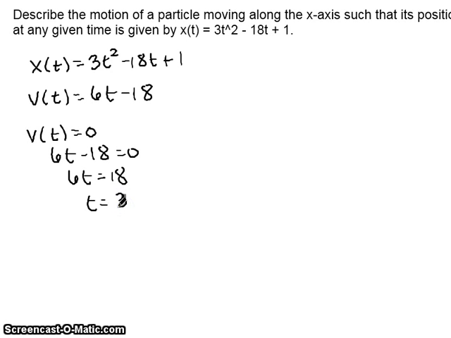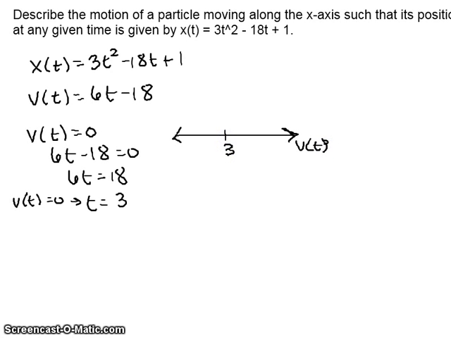So velocity equals 0 when t equals 3. That means at the instant when t equals 3, my particle is not moving. So we can set up our little number line again to figure out which way we are moving, left or right. And we know that at 3, we're not moving at all.